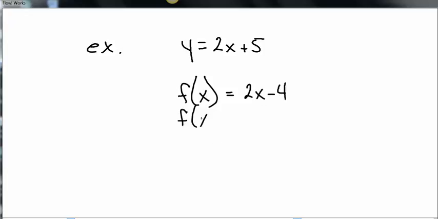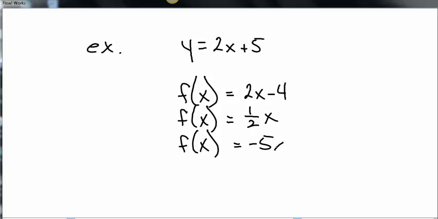The function of x equals 1/2 x. The function of x equals -5x. Those are all functions. That's function notation.